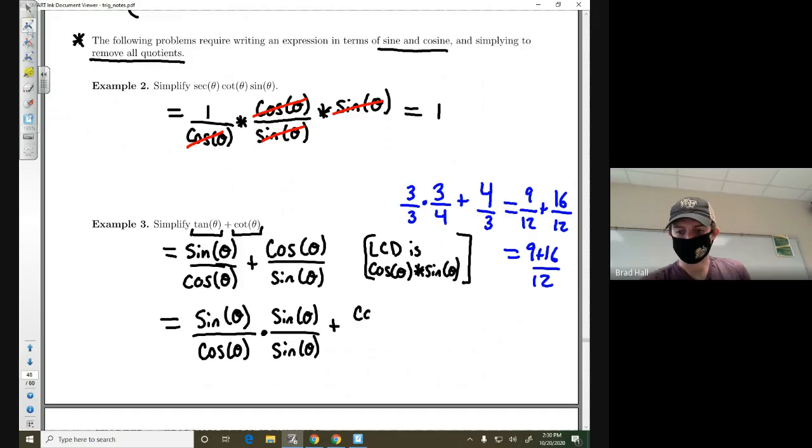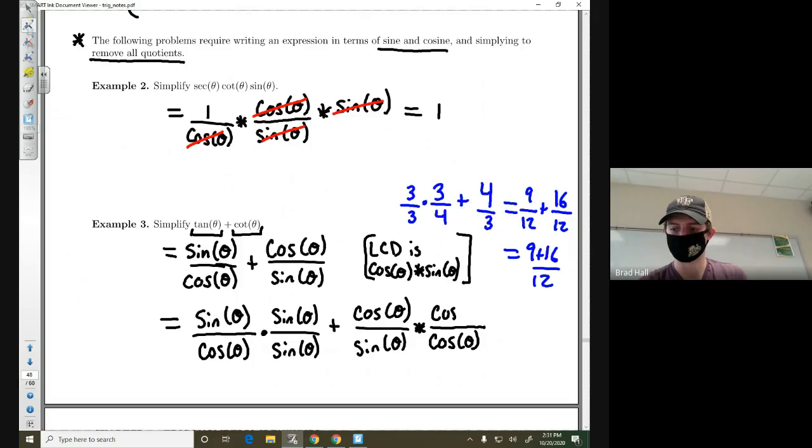So what about the cosine of theta over sine of theta that we had? Its denominator is missing something, missing a cosine. So what if we just gave the denominator a cosine? But then we have to give the numerator a cosine, because we have to balance out the problem.